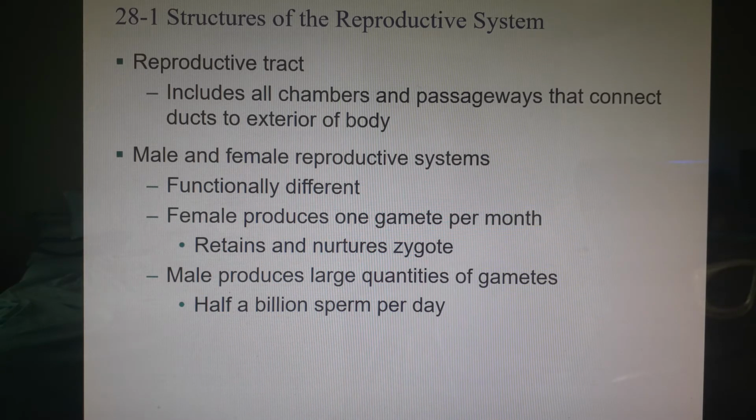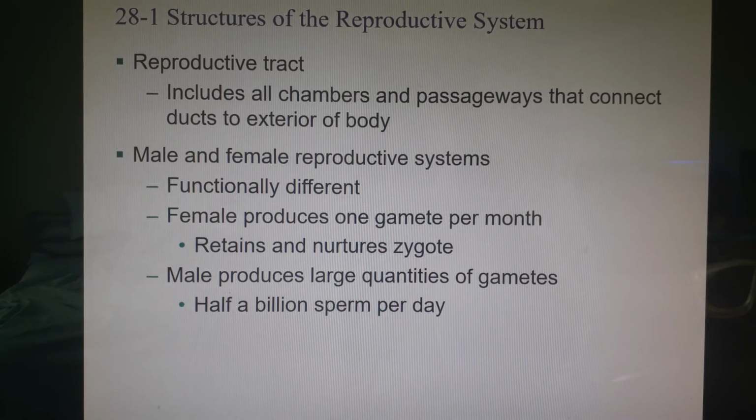And then if it is fertilized, the resulting fertilization event produces a zygote. That's a fertilized egg. And then her body is going to be responsible for keeping that zygote inside and nurturing and growing it into a fully grown baby. The male has the totally opposite. The male is trying to go for volume, and produces 500 million sperm a day.